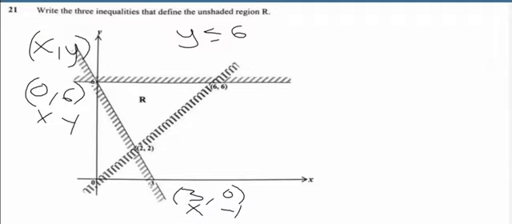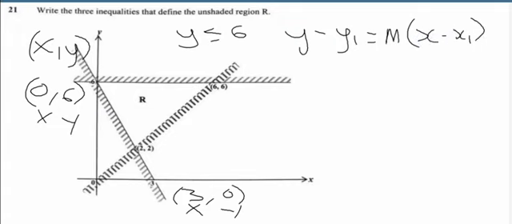When you're finding the inequality, the first thing you need to find is an equation. Then at the end, you come up with the inequality. So the first thing here, we are going to use this formula: y minus y1 is equal to gradient, open bracket, x minus x1, close.